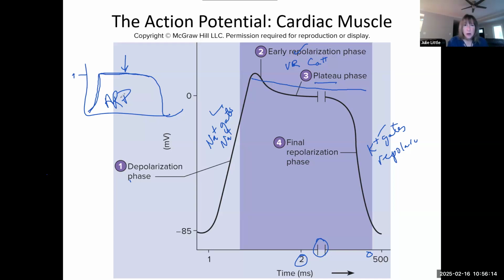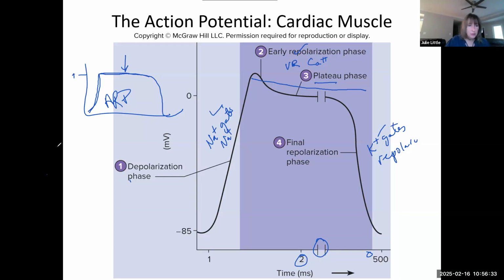And so it prevents our heart from going into tetany. Look the word tetany up, not tetanus, just regular tetany of skeletal muscles, and just enjoy the fact that your heart beats instead of locks up. We don't want it to lock up because then you die.